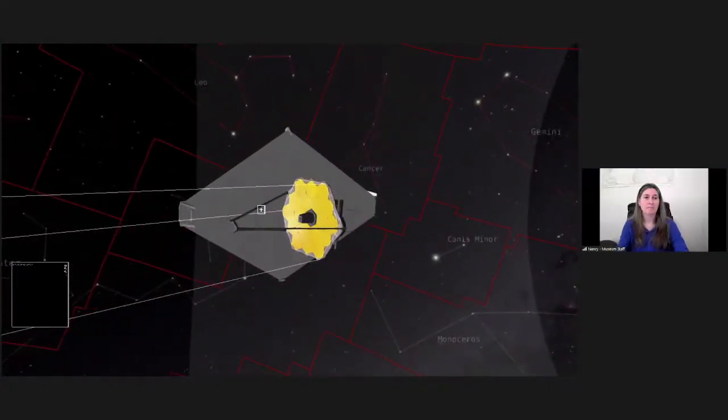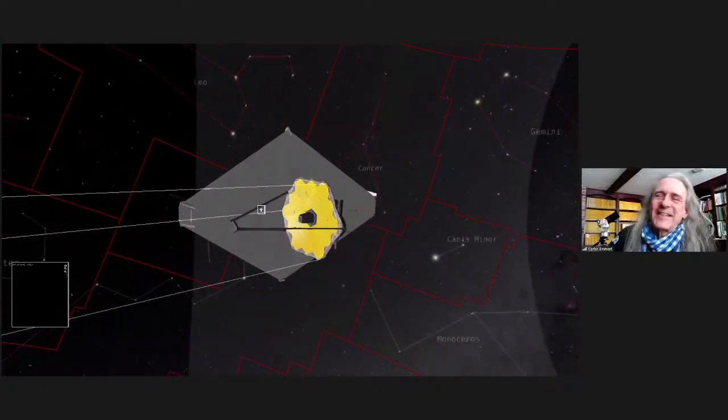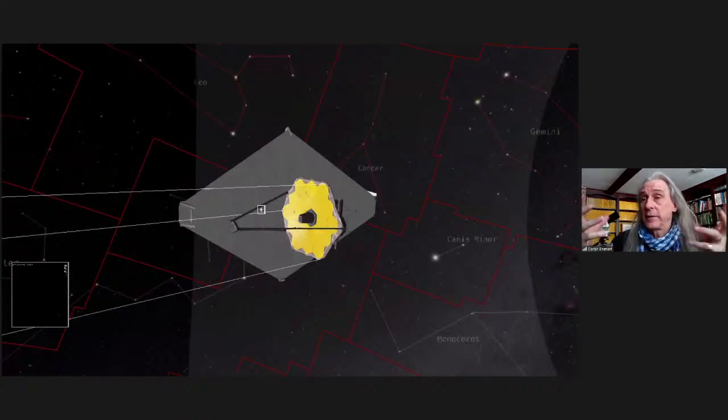But that is reliant on how much fuel it has, because every now and then it has to make a little burn to just maintain that orbit at L2. They were very efficient. They were right on the money when they launched this thing.